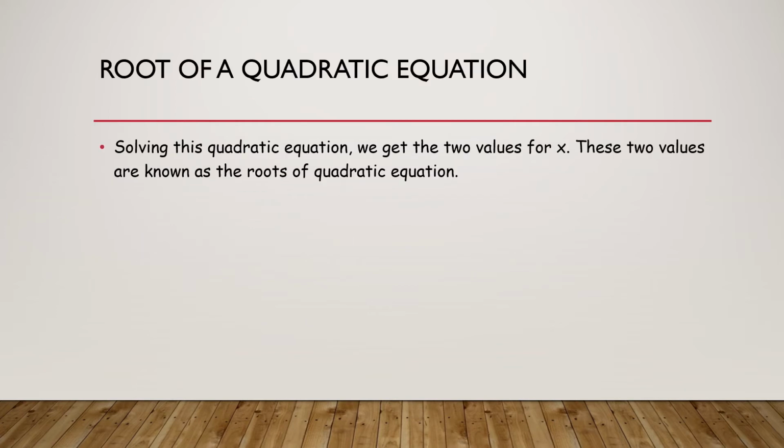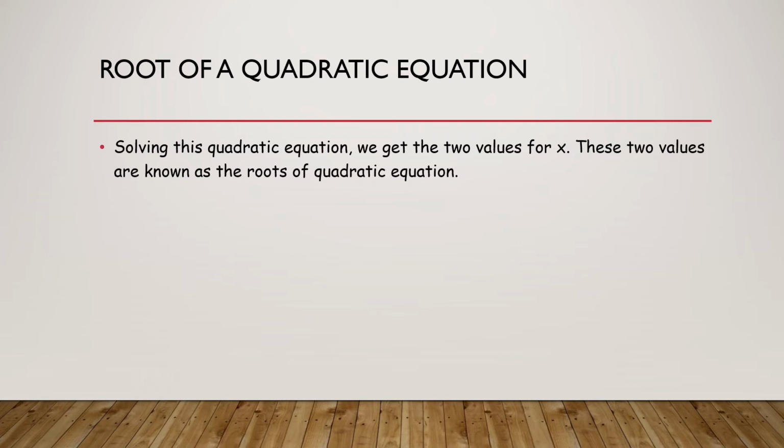Now coming to the solution of a quadratic equation. The solution of a quadratic equation is called the root of the quadratic equation. That is, by solving a quadratic equation, we mean that we find a value, or assign a value, to the unknown x.